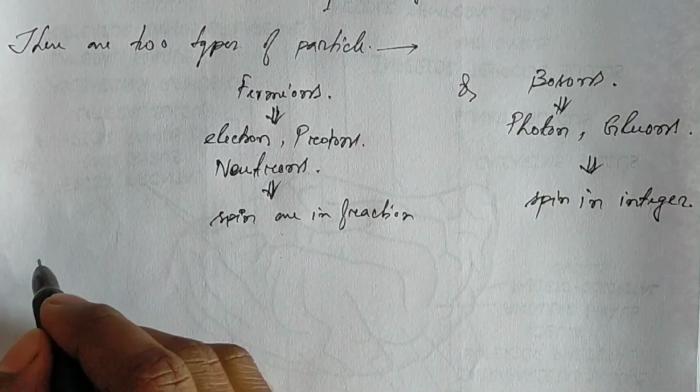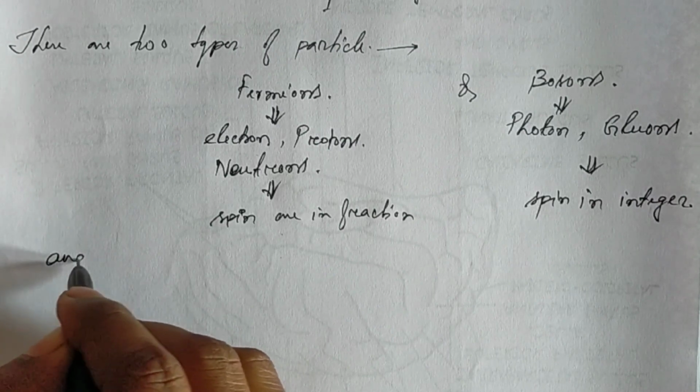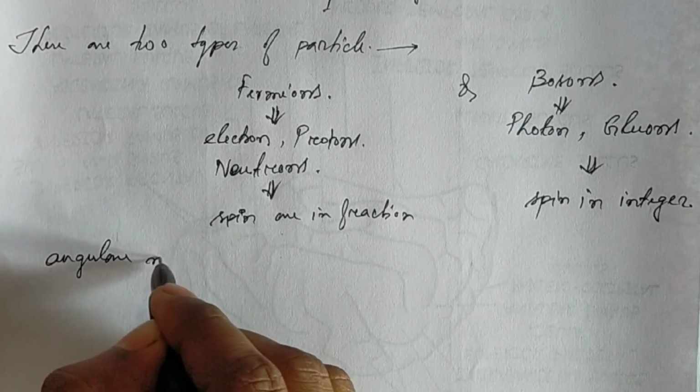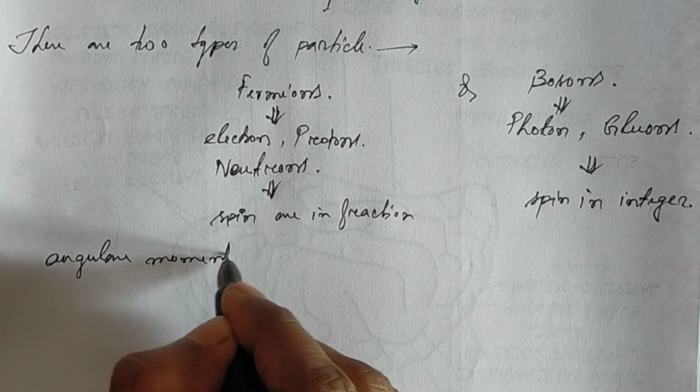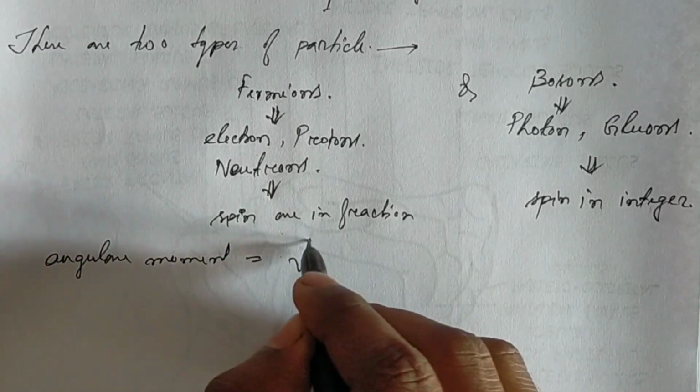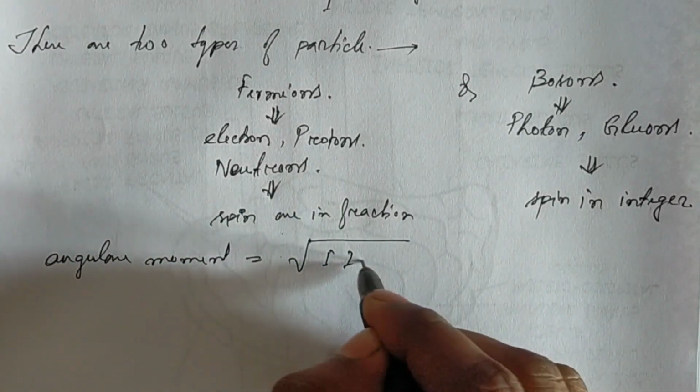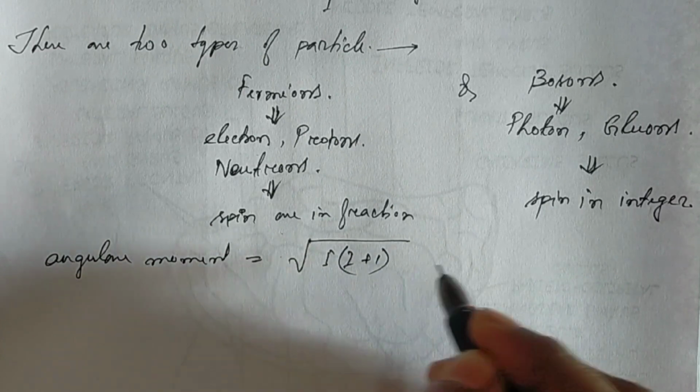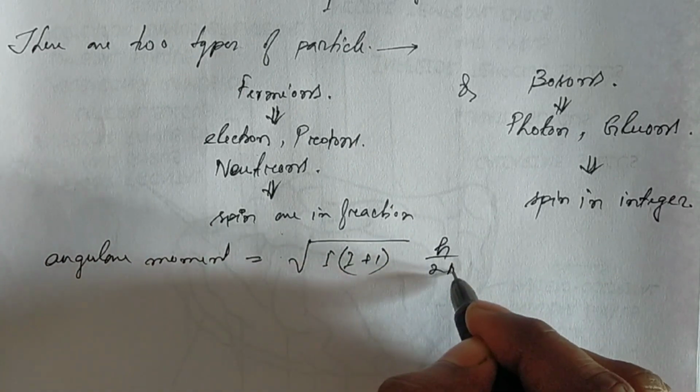As we know, the angular momentum we write here as root over I into I plus 1, h upon twice pi.